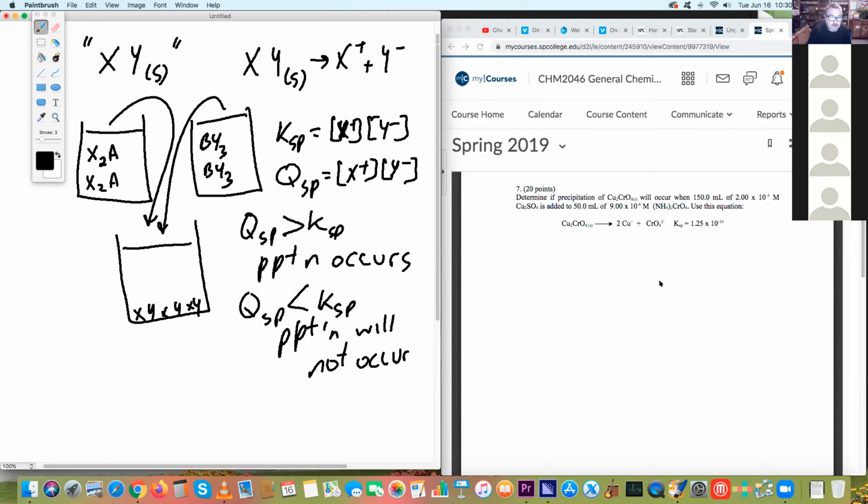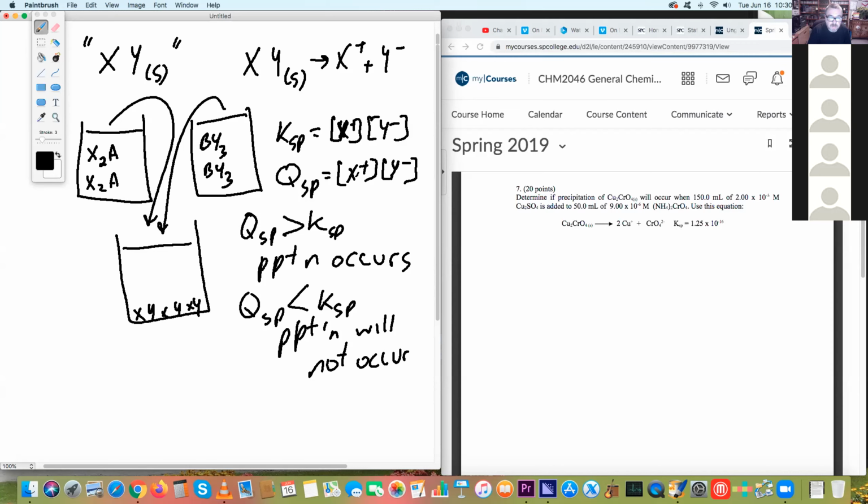So the issue then becomes, how do we figure out if there's going to be precipitation or not? Well, we have to know what the concentrations of X plus and Y minus are in solution. If these are low concentrations, it won't be sufficient to make precipitation occur.